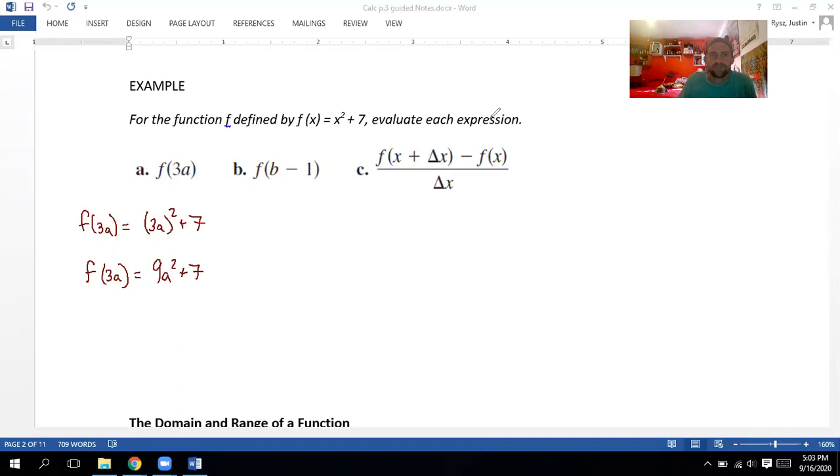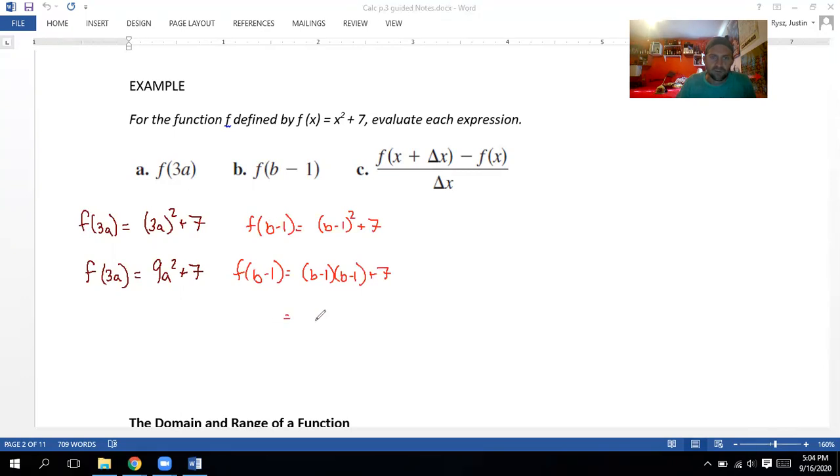Piece of cake. All right, next one. What's f of b minus 1? We're going to replace the x with b minus 1. So b minus 1 is one we have to be careful of. We want to make sure that we take our time when we FOIL it out. So I'm going to write it out twice: (b minus 1) times (b minus 1) plus 7.